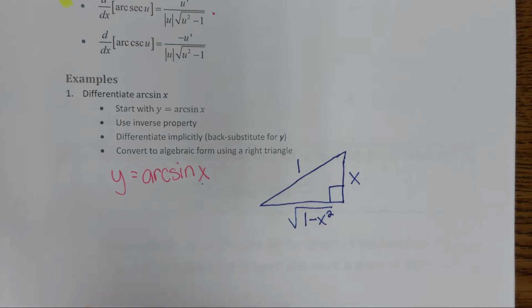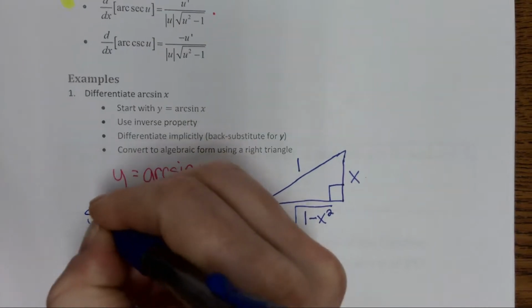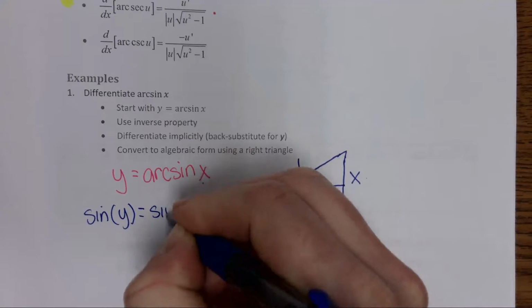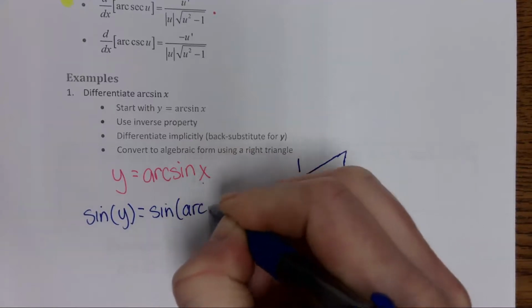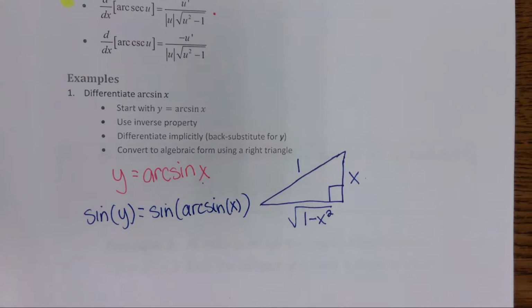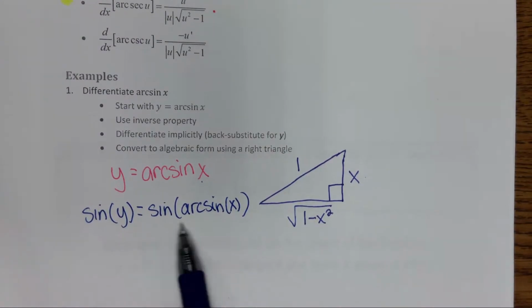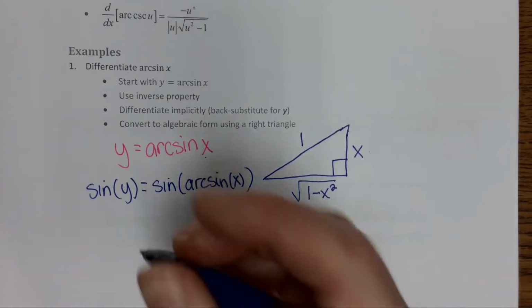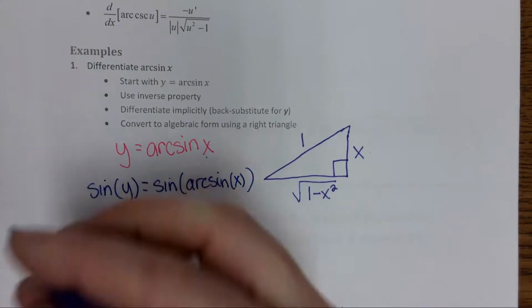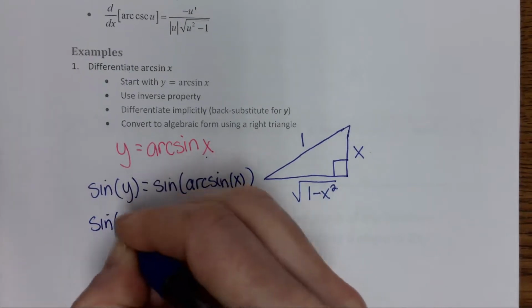Let's take the sine of both sides. So I take the sine of y equals the sine of the arcsine of x. Because they are inverses, that cancels the sine arcsine part out, and we're left with just an x equals sine of y.